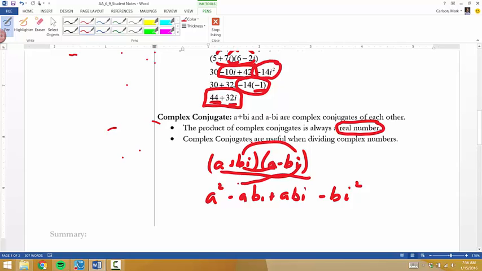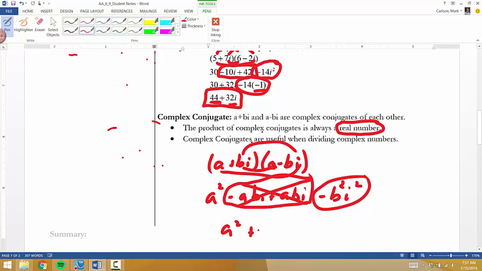Well, if I take these middle two terms and combine them, one's positive and one's negative, so they actually just cancel out. And then negative b squared i squared would be the same as plus b squared, because remember i squared is equal to negative 1. So it'd be a squared plus b squared. So really, using our complex conjugate, if we multiply them together, we will always get a squared plus b squared.